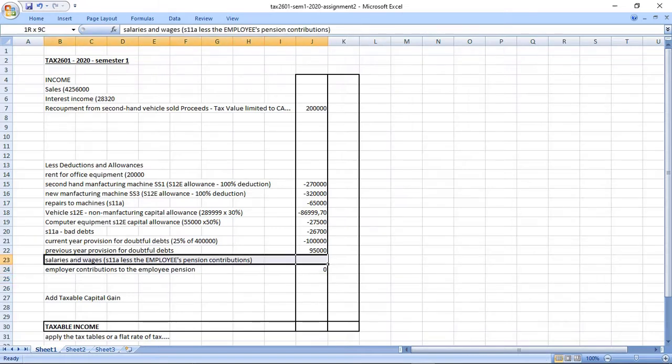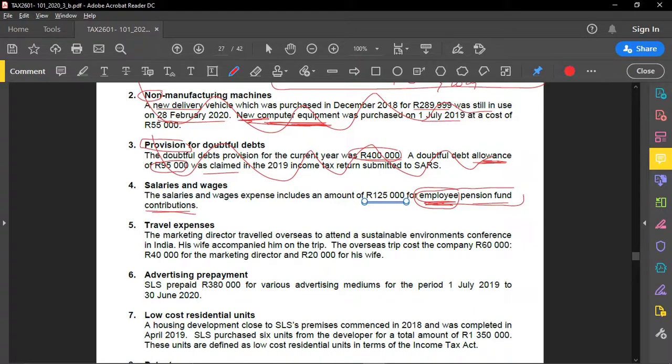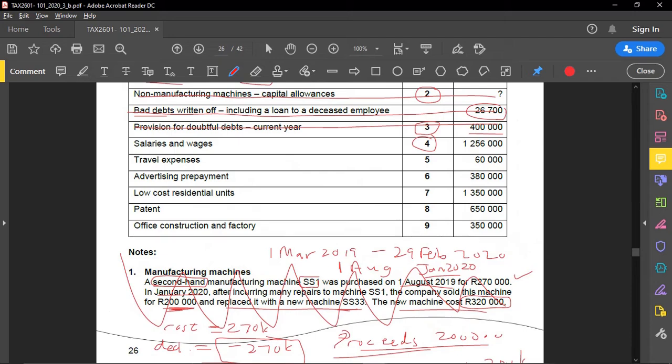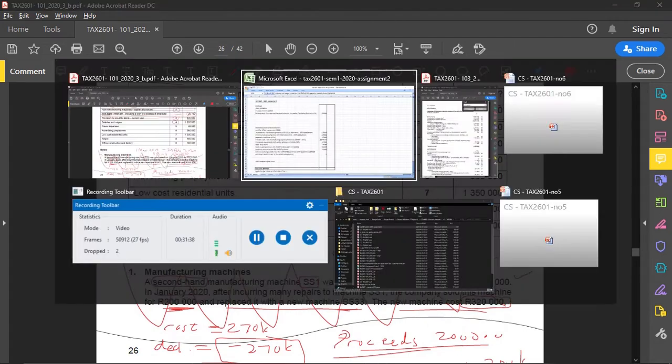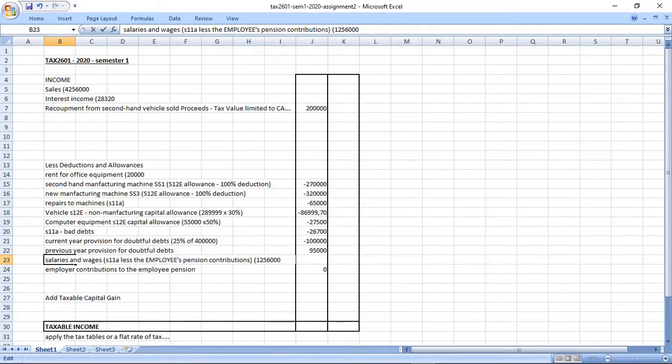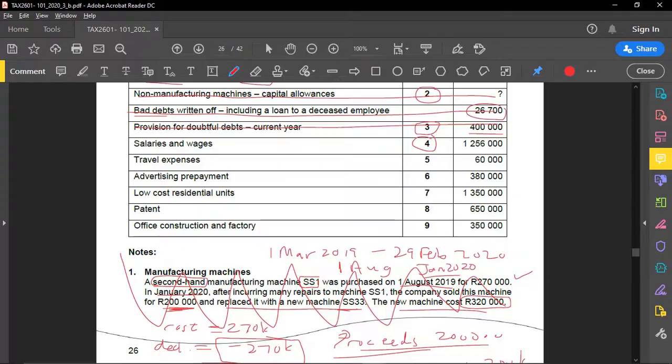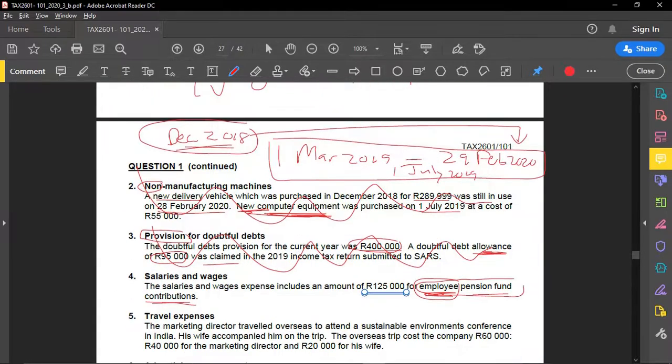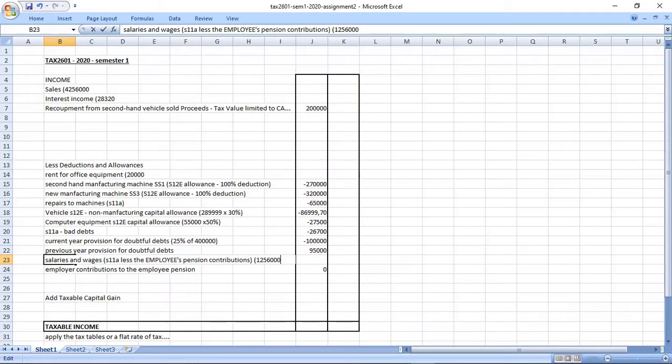But there were salaries and wages, so you need to show a working here. It's going to be brackets the 1,256,000. I think that was the right figure. Let's just go back and check. Yes, 1,256,000. Okay, less the 125,000.